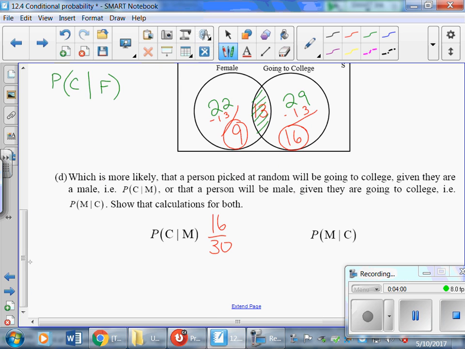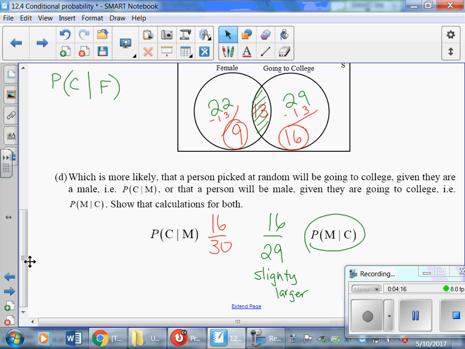So this is going to be 16 out of 29. All right? So this way is going to be slightly larger. Slightly larger, this one. Okay? We're going to get into that some more if that was confusing to you.